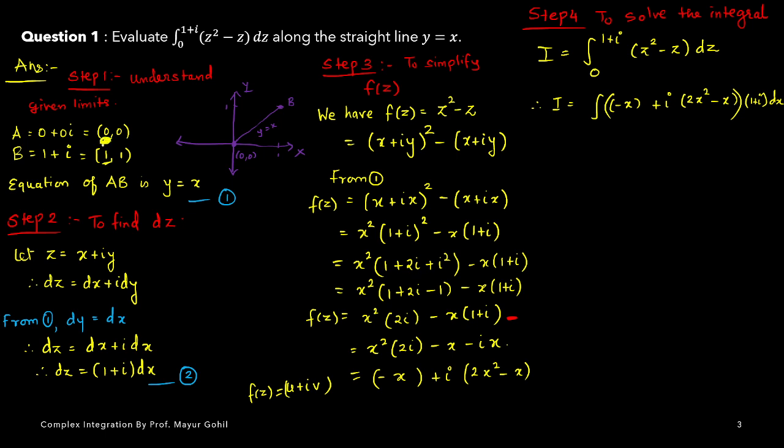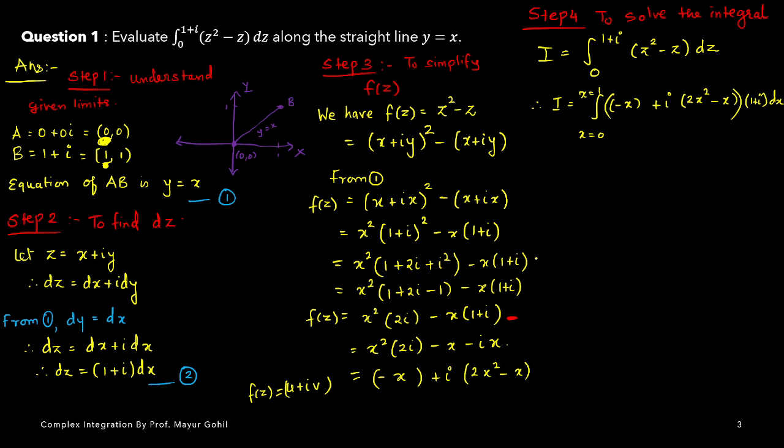It is going from a to b, origin to 1 plus i. So you start from origin, the x coordinate is 0, and on 1 plus i the x coordinate is 1. So your limits are going to be x equal to 0 up to x equal to 1.